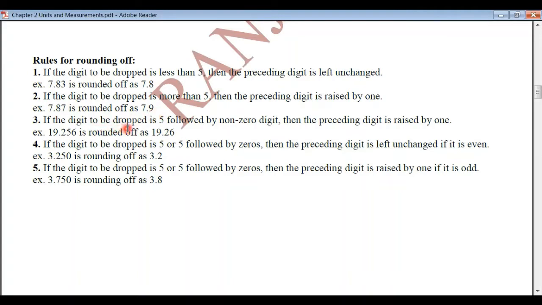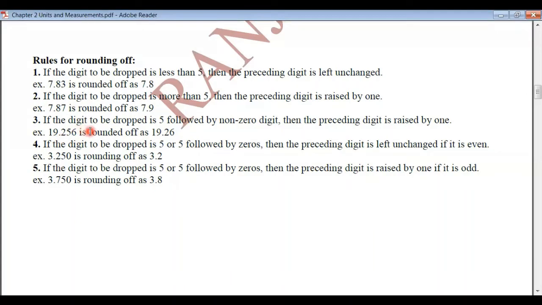The third rule states that if the digit to be dropped is 5 followed by any non-zero digit, then the preceding digit will be raised by 1. For example, 19.256. We have to express in four significant figures. That is, we have to drop the last digit, which is 6.